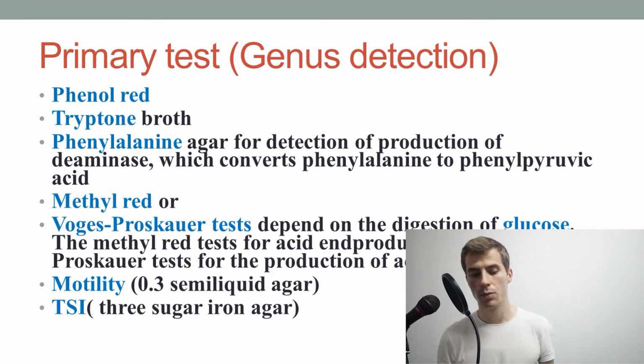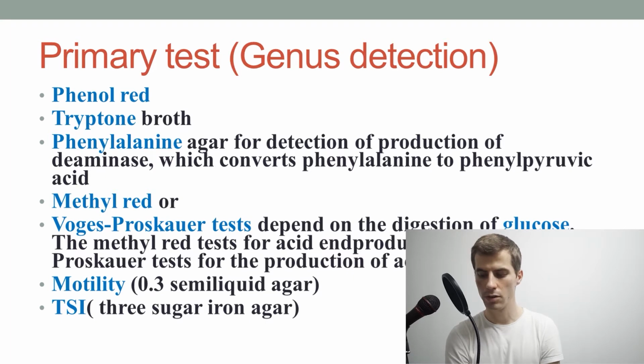Also, we can identify motility of these bacteria by culturing them in semi-liquid culture media, and we can use such culture media as triple sugar iron agar, which shows the difference between different genera of Enterobacteriaceae.